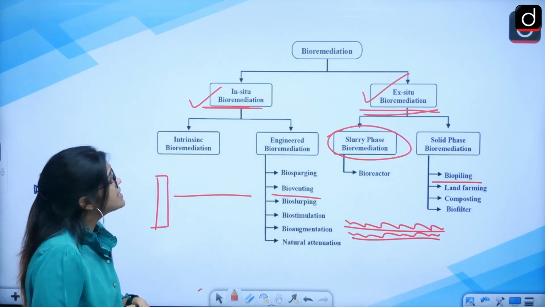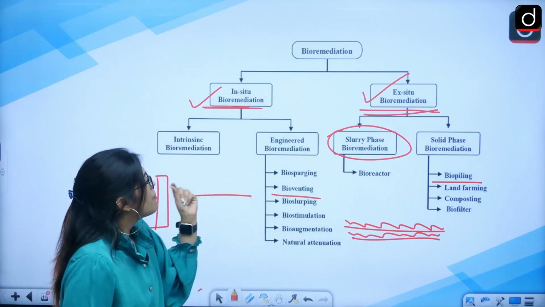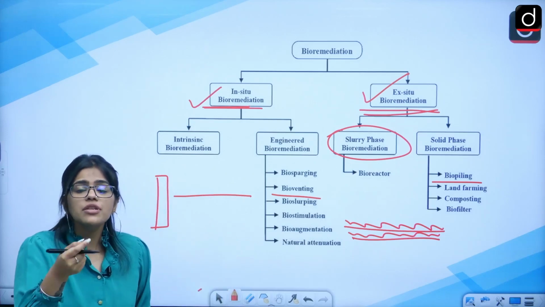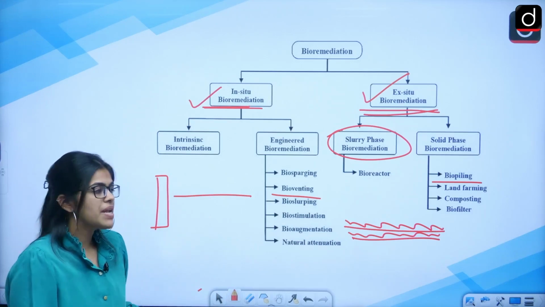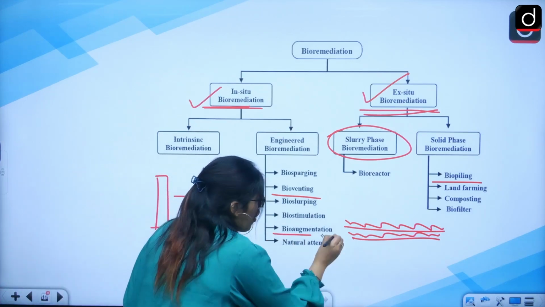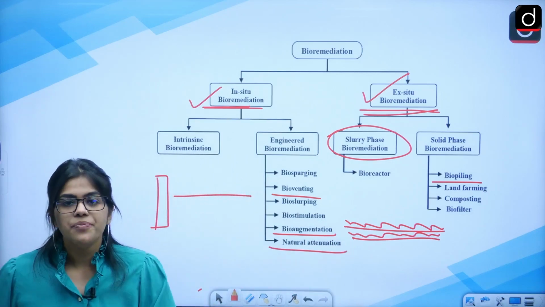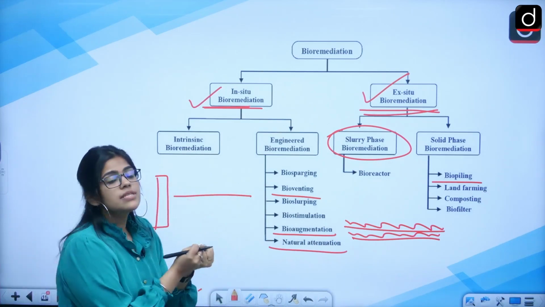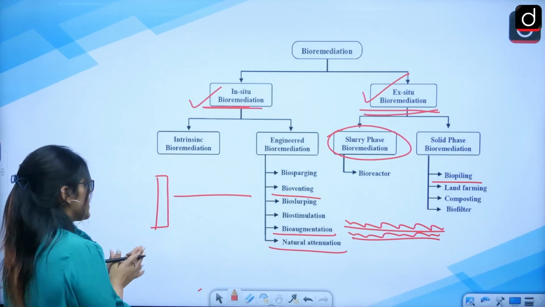Here in the in situ, you can use biosparging, bioventing, bioslurping, or biostimulation. What is stimulation? You are enacting it, right? So you are activating the already present microorganisms. Bioaugmentation, natural attenuation, right? So these can be different ways in which you can use the land or use the microorganisms that are already present.